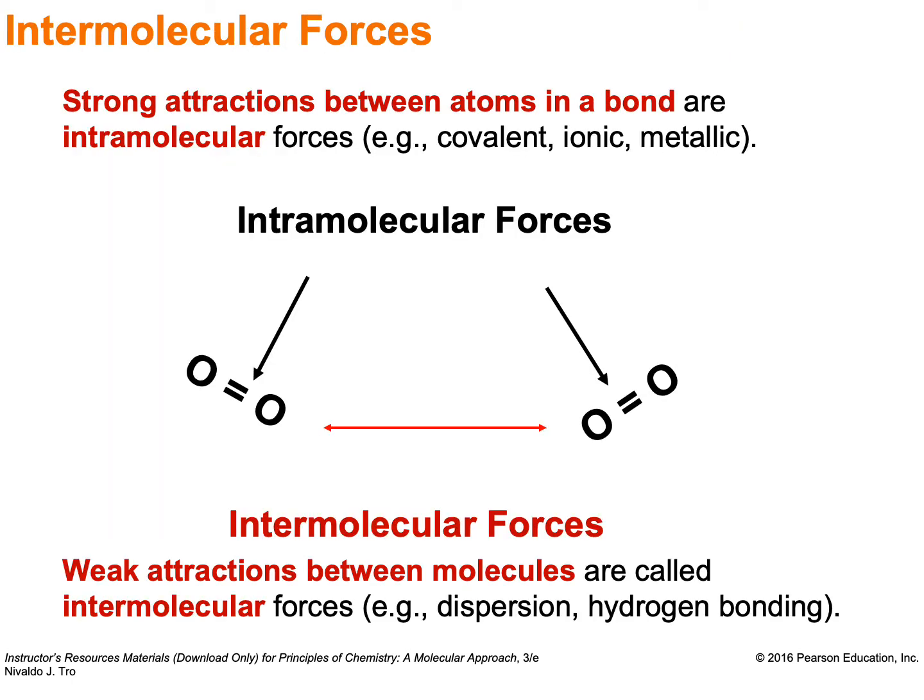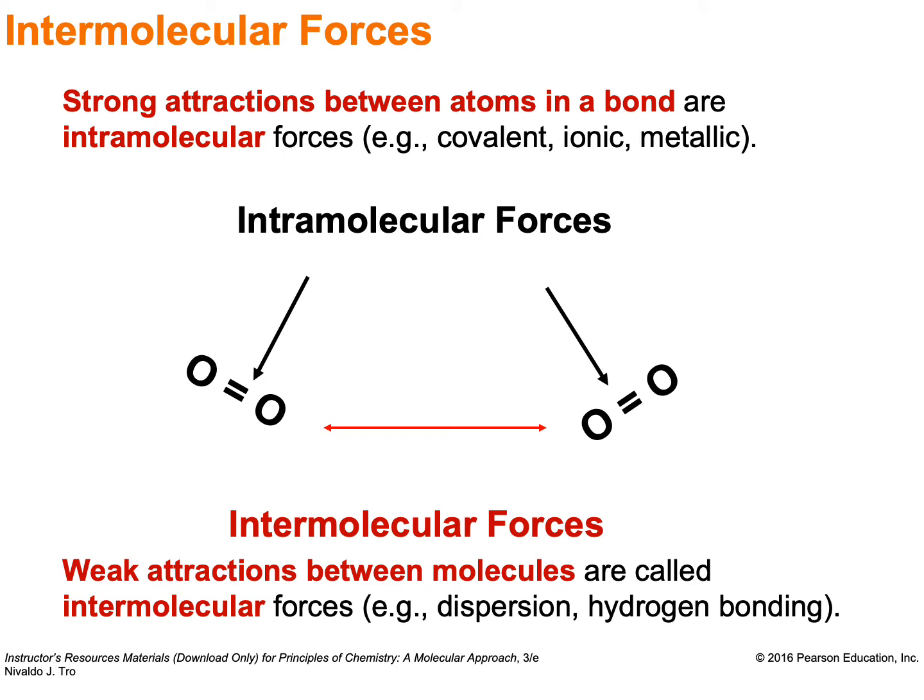Let's define briefly the different forces associated with molecular substances and molecular solutions. You have strong attractions that take place between atoms in a bond. Those are very strong forces. These are called intramolecular forces. They're internal to the molecule, like the double bond in the O2 example here.